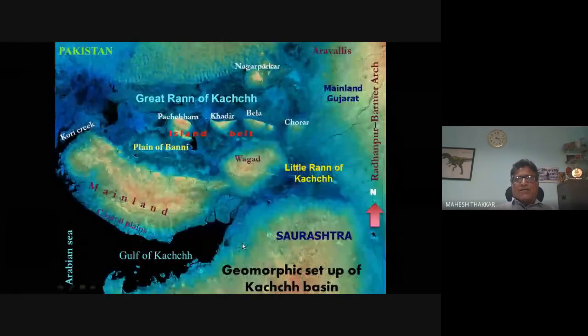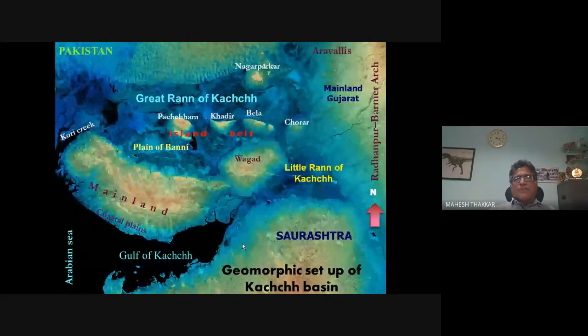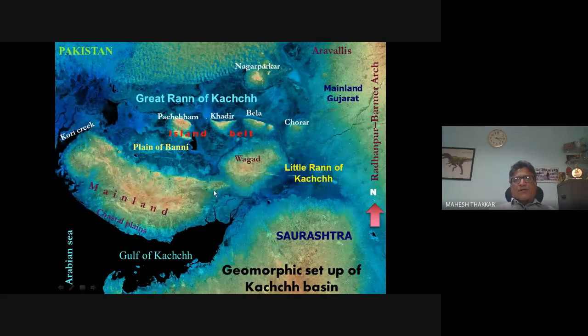So let us look at these geomorphic aspects with the titles. I think with these titles you can understand the geomorphic regions, which is very important for the geologist, tectonogeomorphologist, or neotectonic people. Those who want to learn anything in Kutch must first learn this geomorphology.